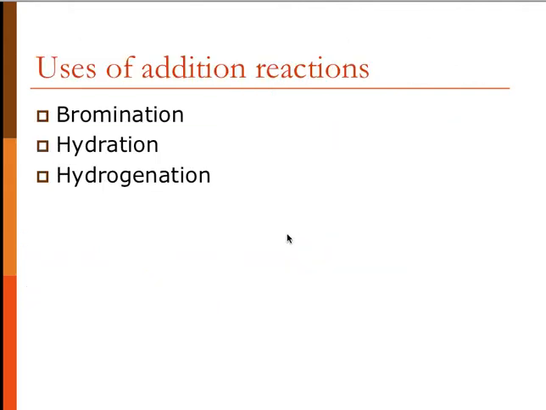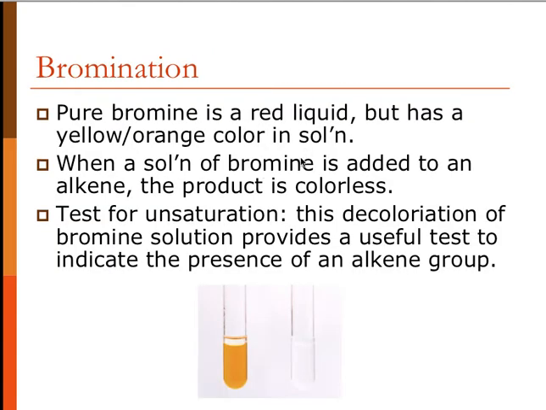All right, so what are some of these uses of addition reactions? Well, as I said earlier, hydration, hydrogenation, and then there's bromination. And I don't know if that's how you say it. All right, so pure bromine is a red liquid, but it has a yellow-orange color in solution.